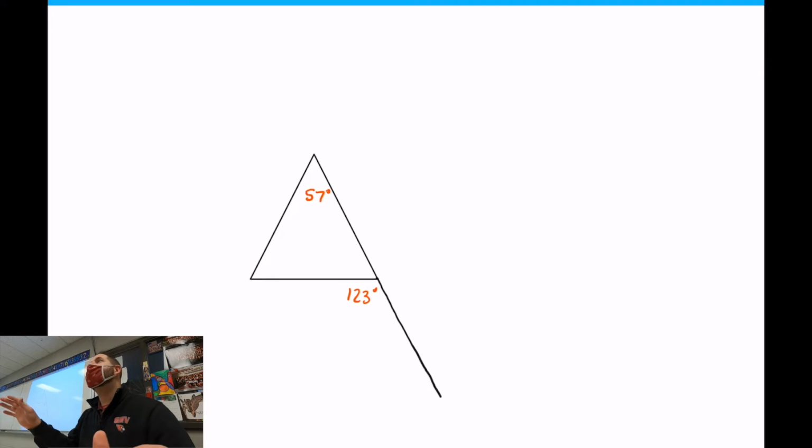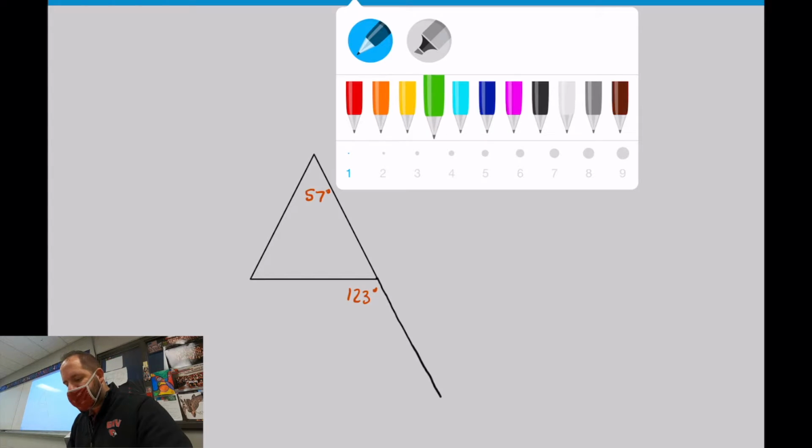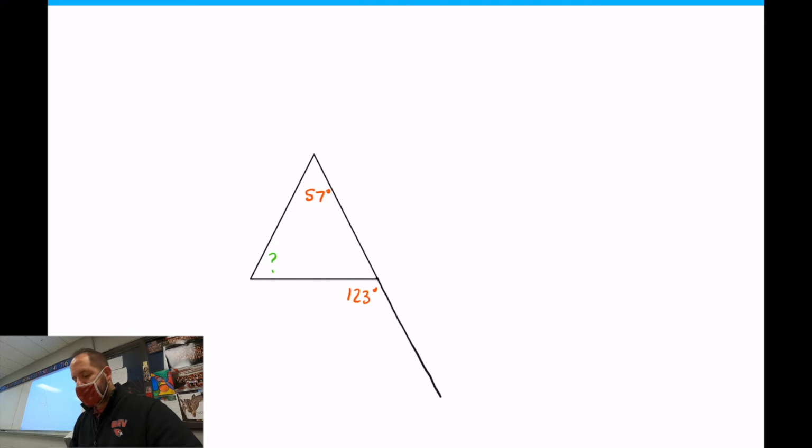Just kind of random numbers thrown at you. We can find this angle right here. In fact, we can find each and every angle of this triangle, but that's what this theorem allows me to do. It allows me to find that one on the inside really, really quickly, because these two have to add up to make the 123. Okay, does that make sense?